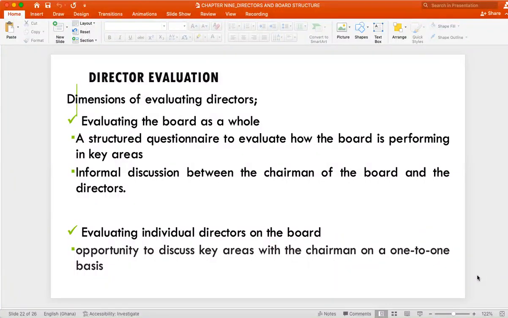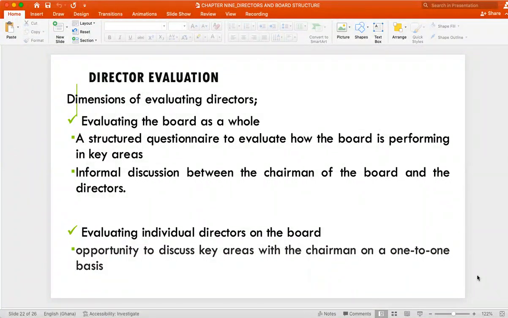Then you can do evaluation of the individual directors of the company. Okay. Yes. So it might be possible the entire board is doing very well, but there might be some individual directors that are just riding on others. Okay. So you want to find out, is everybody actually adding something to the functions of the board?